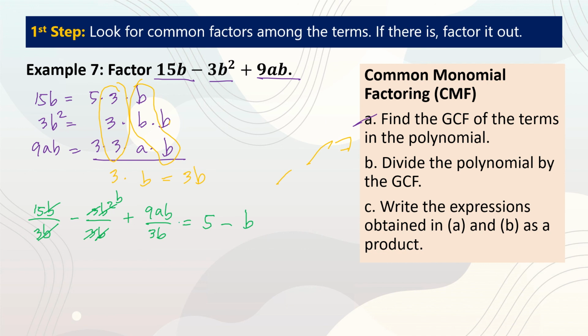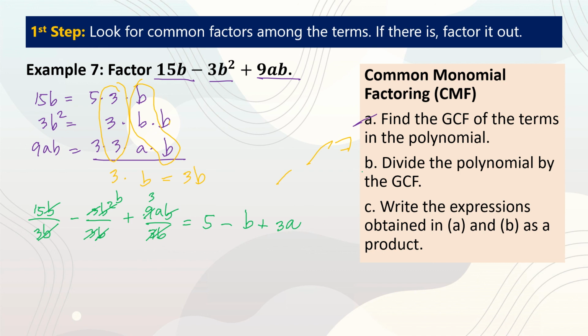And then, 9 divided by 3 is 3. Then a, walang a naman sa denominator. So retain pa rin si a sa numerator. And b divided by b is just 1. So makakancel out lahat ng b sa third term. So 3a.